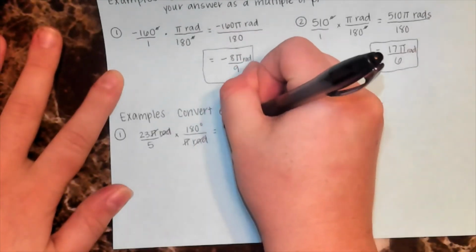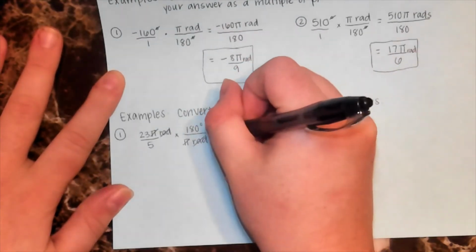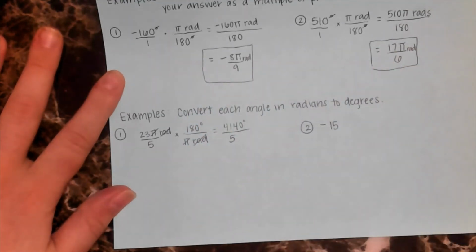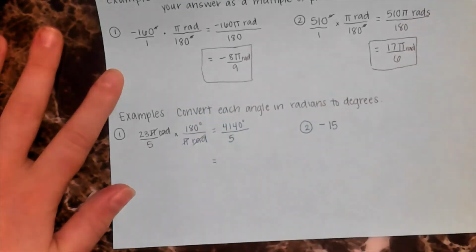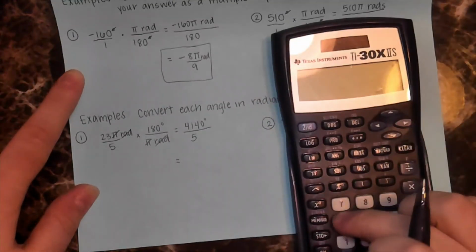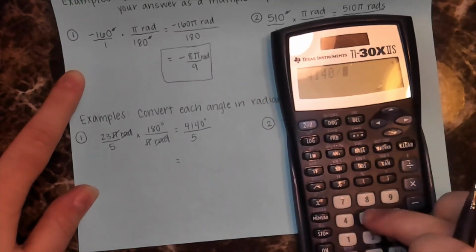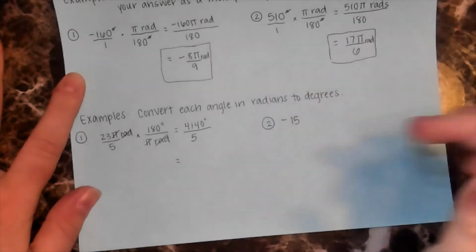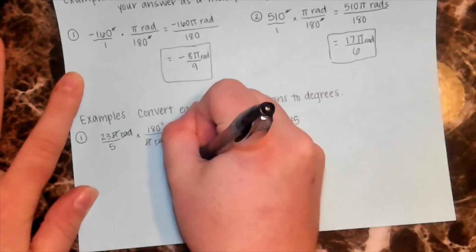And that is in degrees over 5. And now we simplify. So in our calculator, if we put 4,140 divided by 5, we get 828 degrees.